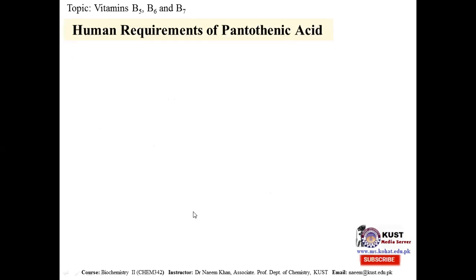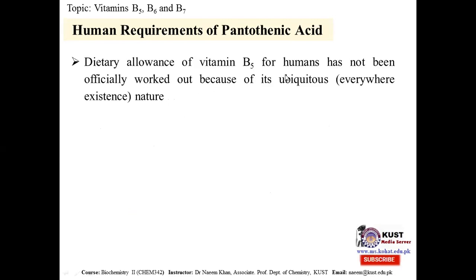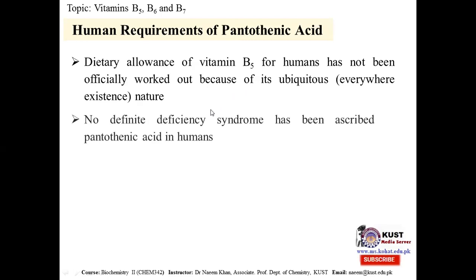Human requirements. The dietary allowance of vitamin B5 for humans has not been officially worked out because it is ubiquitous in nature. This vitamin is present in a variety of foods, that's why it is called ubiquitous, meaning found everywhere. Because of this, normally there is no shortage of this vitamin in humans, so the daily allowance has not been worked out.